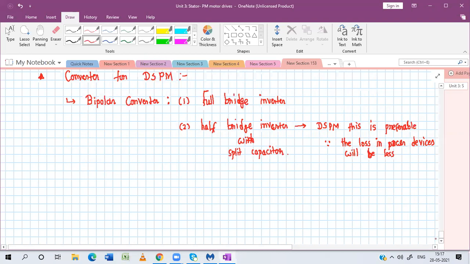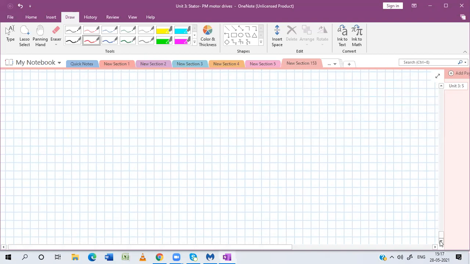Now how does it look? Here we are discussing the four phases. So consider there are four phases. These are the power devices.